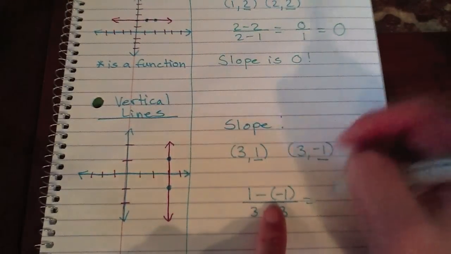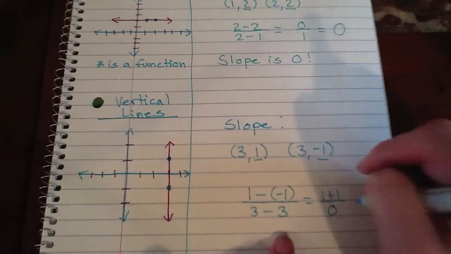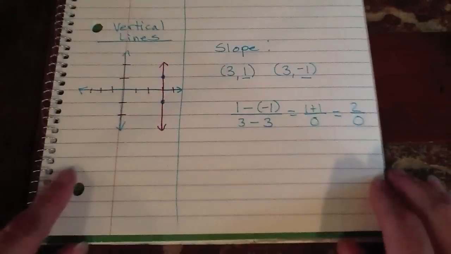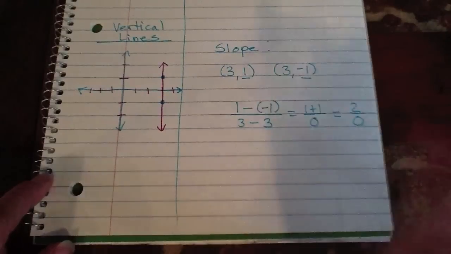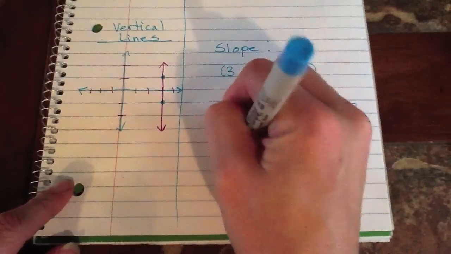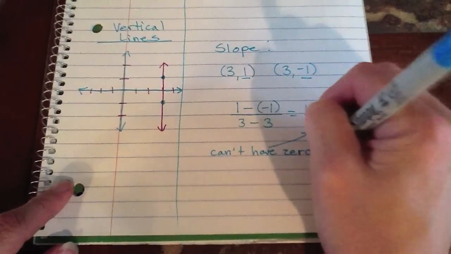This becomes 1 plus 1 over 0, which is 2 over 0. And really, once I saw 0 here, I could be done. I don't have to go any further. Everyone knows you can't have 0 in the denominator.